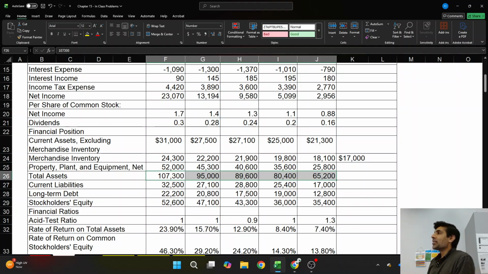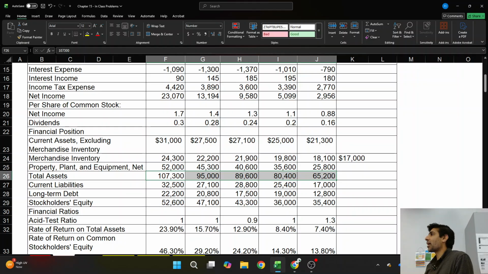As a business owner, you can always increase your assets to get more profit. You can just raise money from your shareholders and put it in a bank and make 1.5% or 2% or whatever the savings rate is. You're going to get some return. But the question is, was that a good use of the capital?